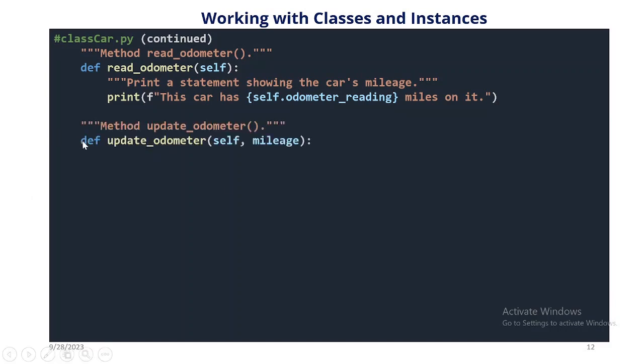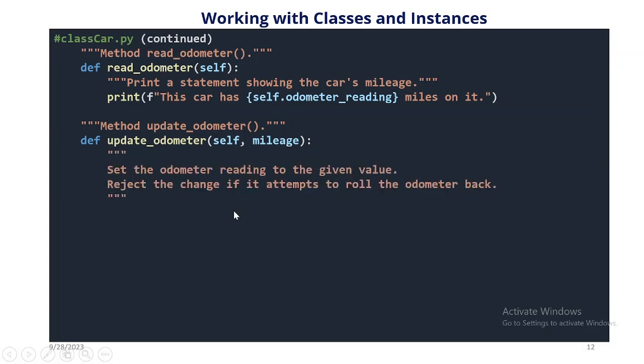Now we can also create another method that actually updates that odometer. In this new method, we don't only have self, we also have mileage. What this method is going to do is set the odometer reading to a given value of mileage that was put inside here. But we are also going to do something else. We will reject the change if it attempts to roll the odometer back. We don't want to deceive people by saying that the car mileage is actually 10 miles when it is 100 miles. So we do a test.